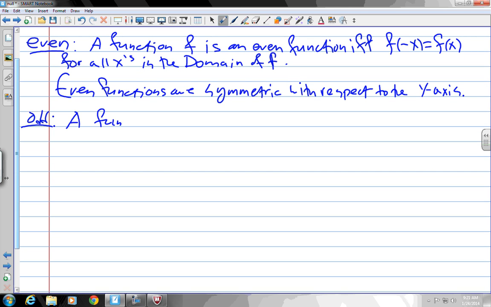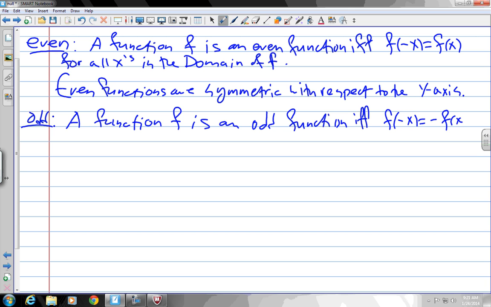So a function f is an odd function if f of negative x equals negative f of x for all x's in the domain of f. So odd functions are symmetric with respect to the origin.